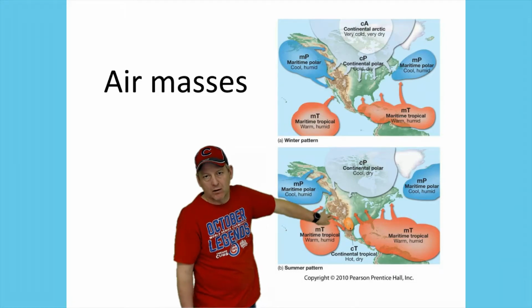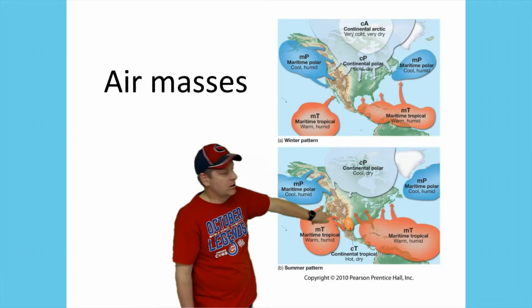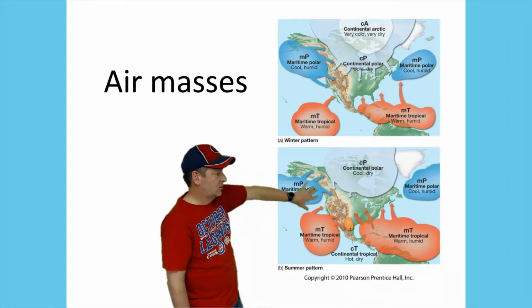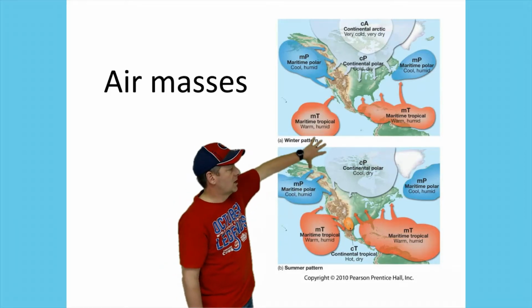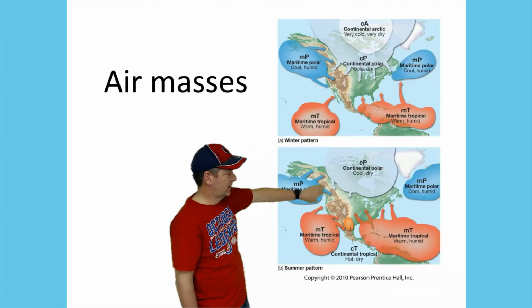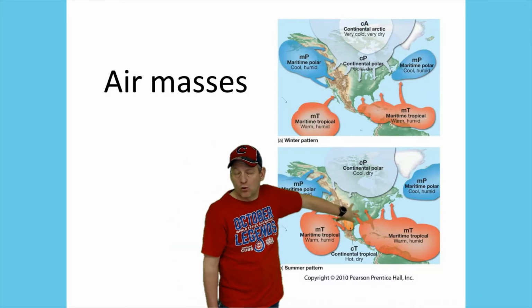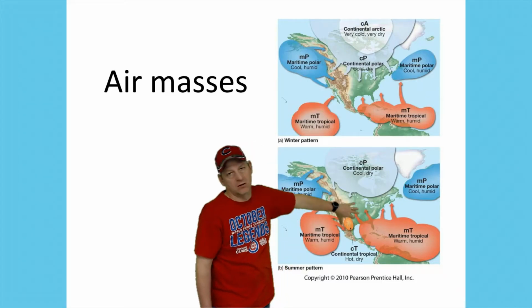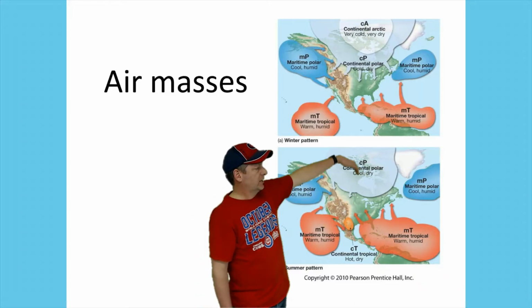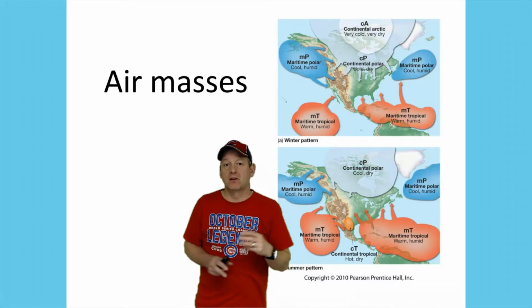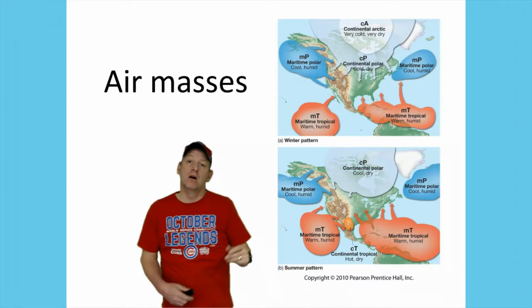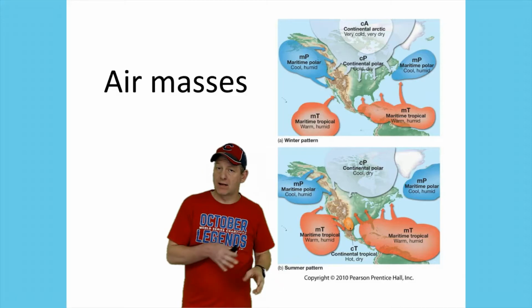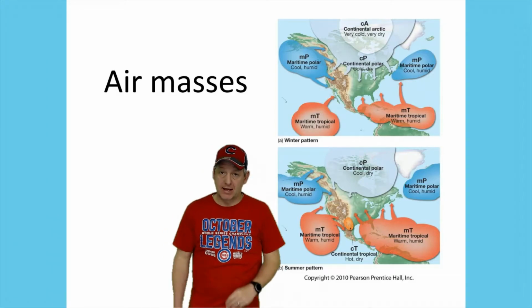It's going to be more warm, more humid. This colder air, instead of dropping down in Utah, we're going to see it drop more up into Alaska and those areas. We start seeing this warm tropical air coming off of Florida. Now it's coming in with all those hurricanes. Everything starts to adjust and move around. These air masses do move around according to the cells and where the sun is heating the earth at that point in time.